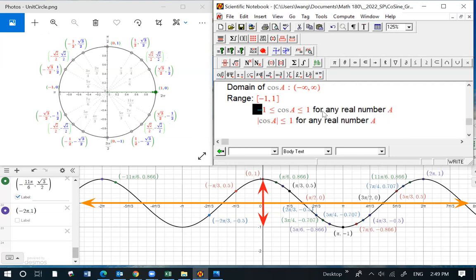So these are two typical ways of introducing the range. In particular, this piece can be very useful in calculus class because it can be used in algebraic manipulation, for example, the squeeze theorem. Let's see anything else.